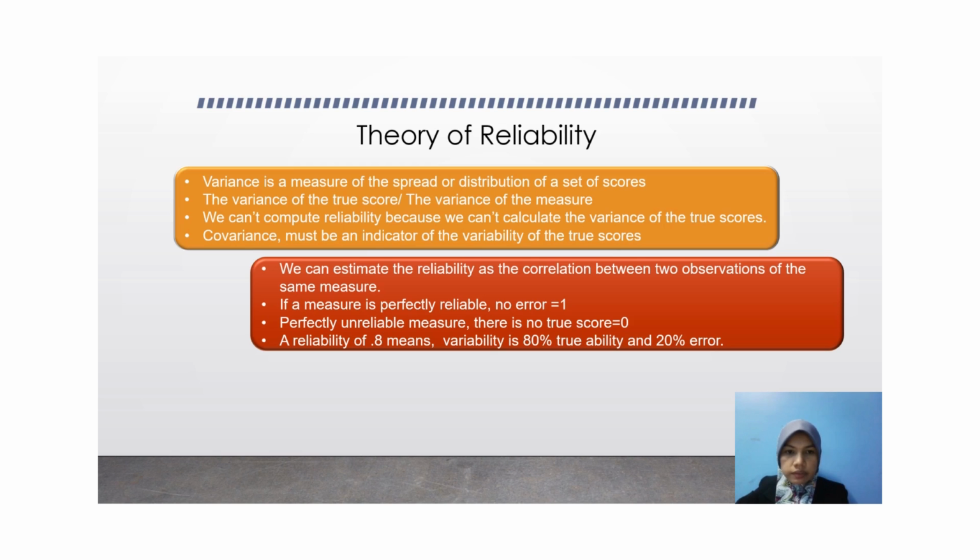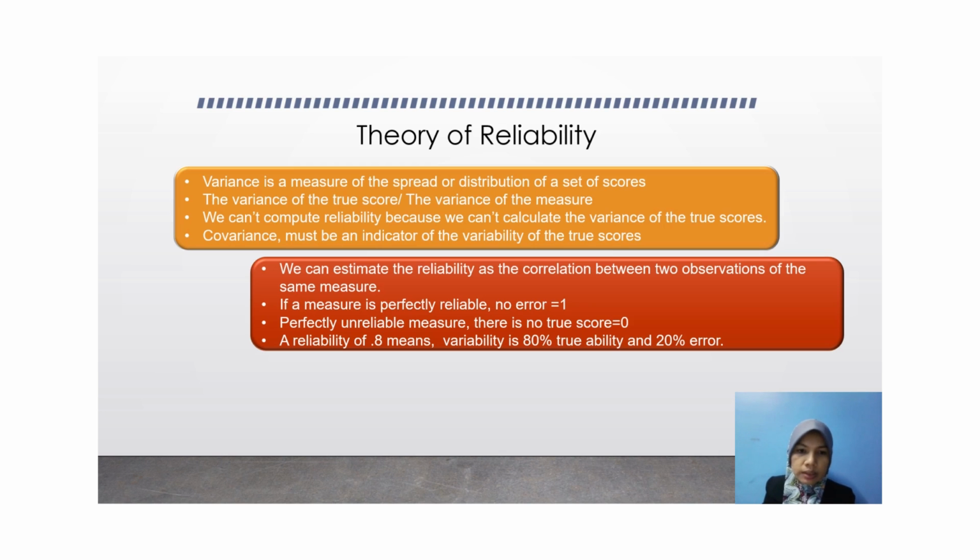If the measure is perfectly reliable, there is no error in that measurement. Okay, the score is 1. Whereas if the measurement is perfectly unreliable, which is there is no true score, for example, if a perfectly unreliable measure has no true score, the score is 0.